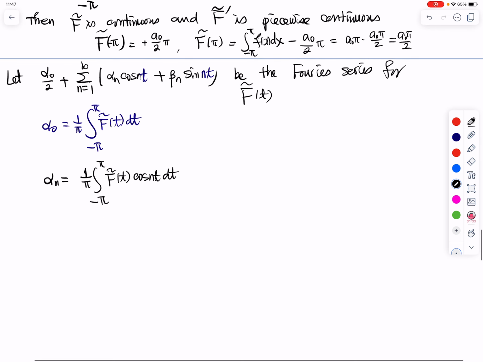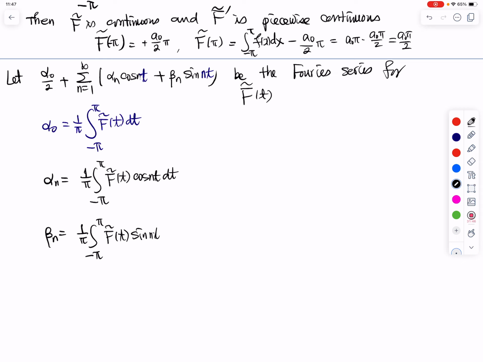And beta n equals 1 over pi integral from minus pi to pi of f tilde of t sine nt dt.